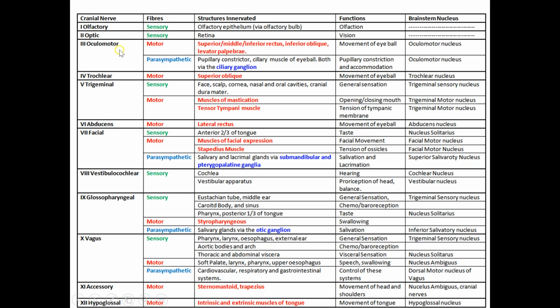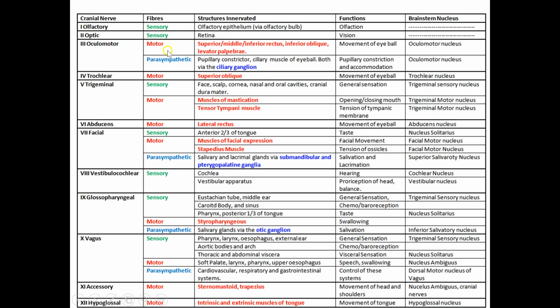After that, the oculomotor nerve, which as we discussed before is pure motor but has a parasympathetic component as well. Along with the trochlear and abducens nerves, which are also pure motor, these three cranial nerves supply the extraocular muscles involved with eyeball movements.